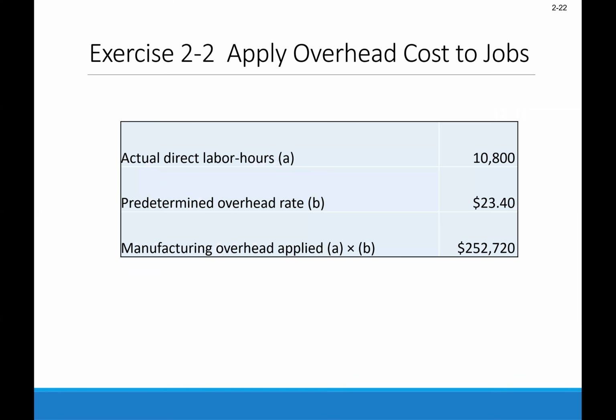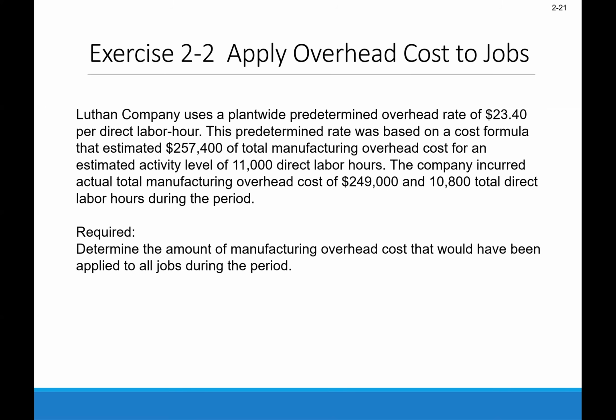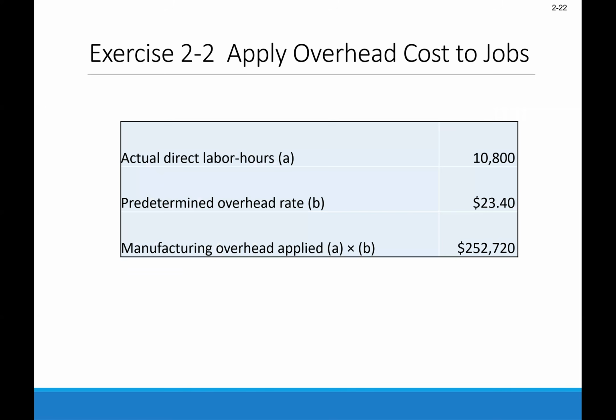So we've got here the predetermined overhead rate is $23.40. You see that, okay? The actual direct labor hours is 10,800.